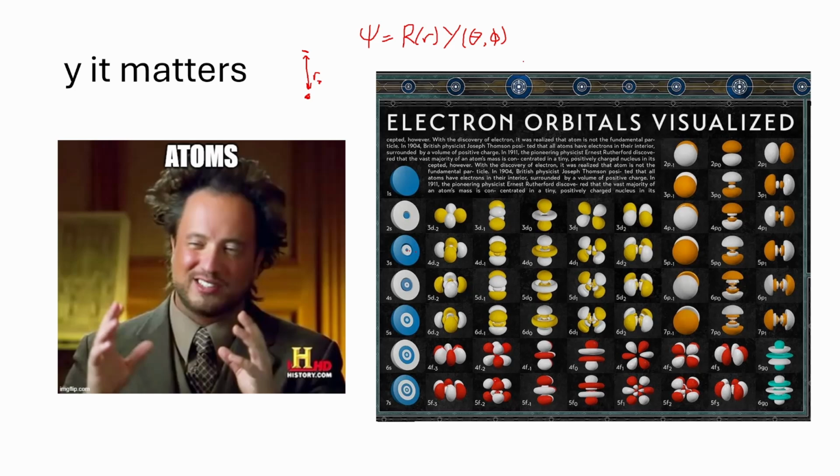Solve Schrodinger's equation in the presence of an electrical potential from the nucleus of the atom. These are the solutions that come out, and they're solutions of a radial function, which depends on your energy level, times an angular function, which depends on the angular momentum of the atom, and that's your p's and d's and f's and so on. So maybe we'll get into some details with that later this semester.